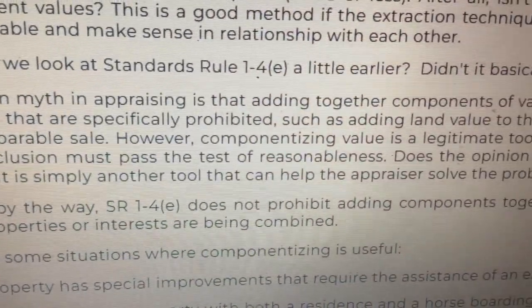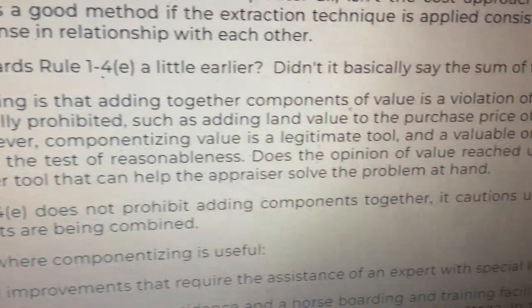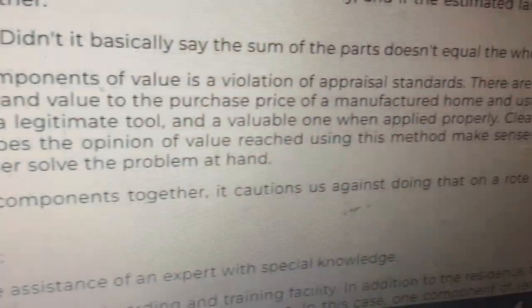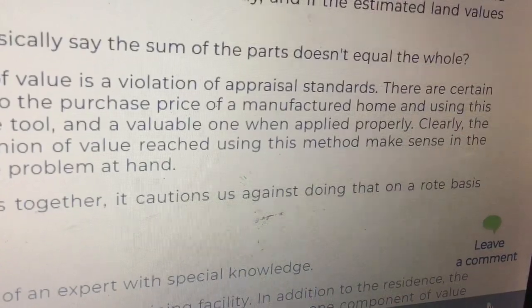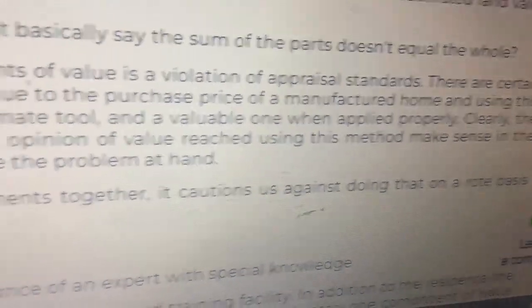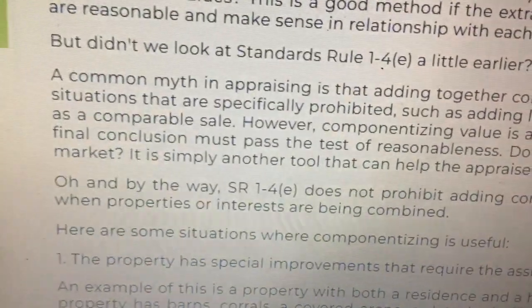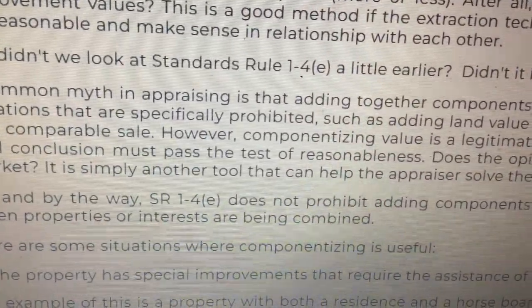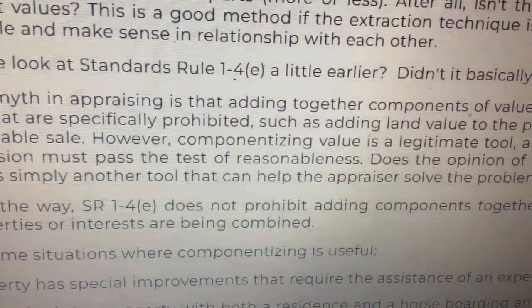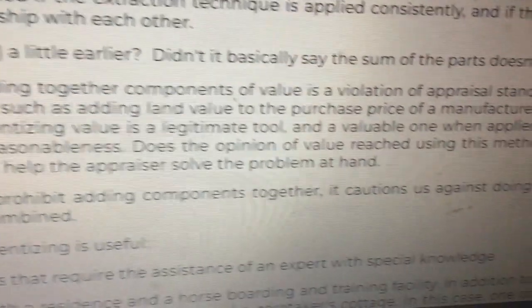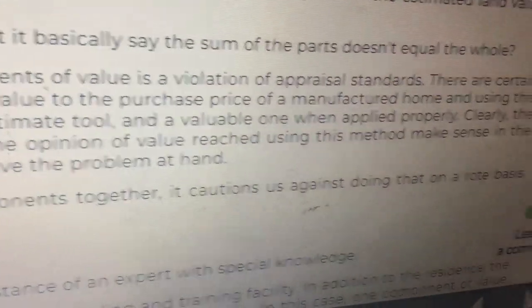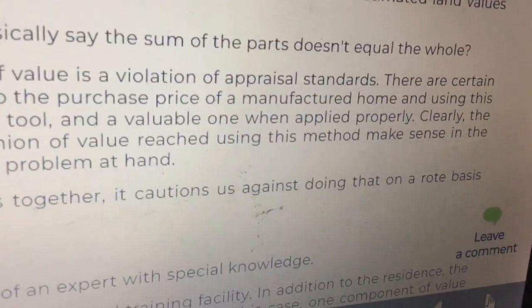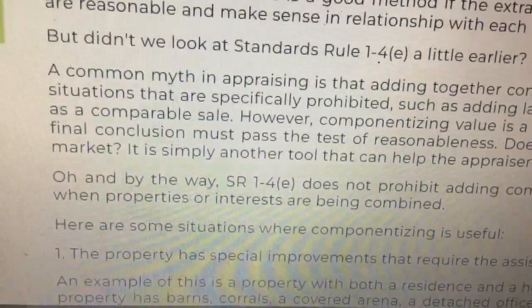However, componentizing value is a legitimate tool and a valuable one when applied properly. Clearly, the final conclusion must pass the test of reasonableness. Does the opinion of value reached using this method make sense in the market?